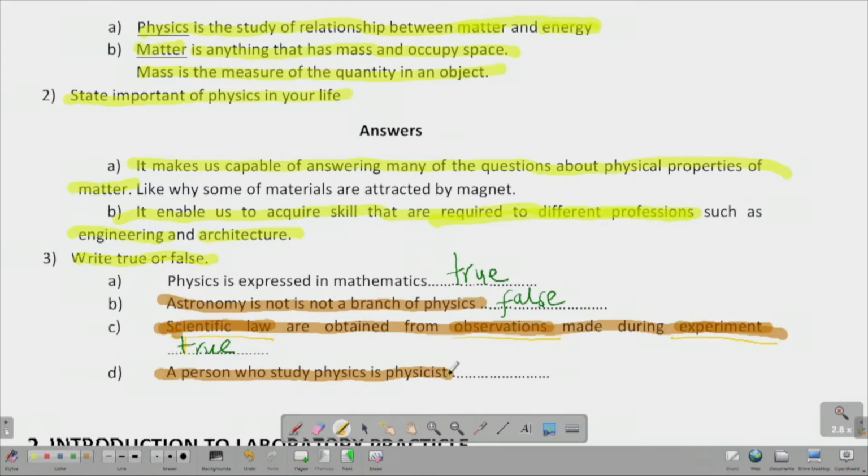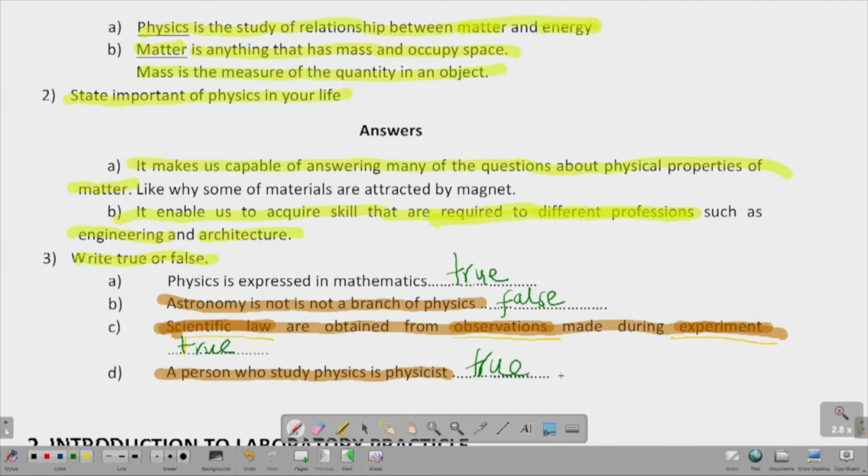Maybe you take some branch of physics, like astronomy, as I said. So you will be known as a physicist. So this statement that says a person who studies physics is a physicist is actually true. So let's write here, true.